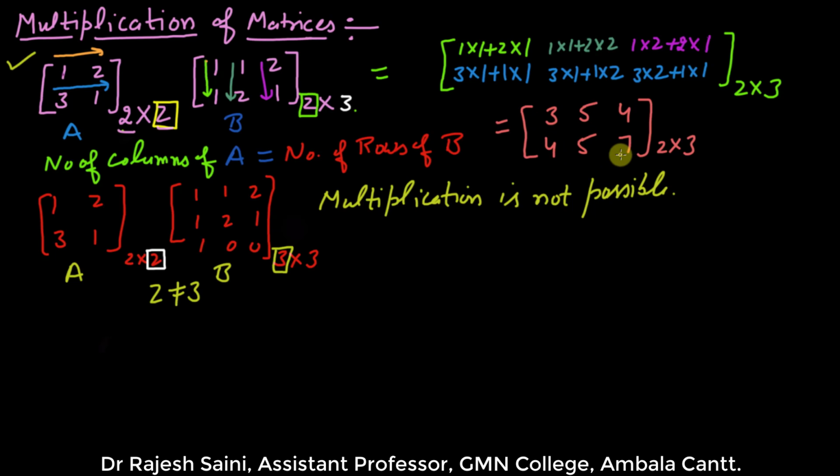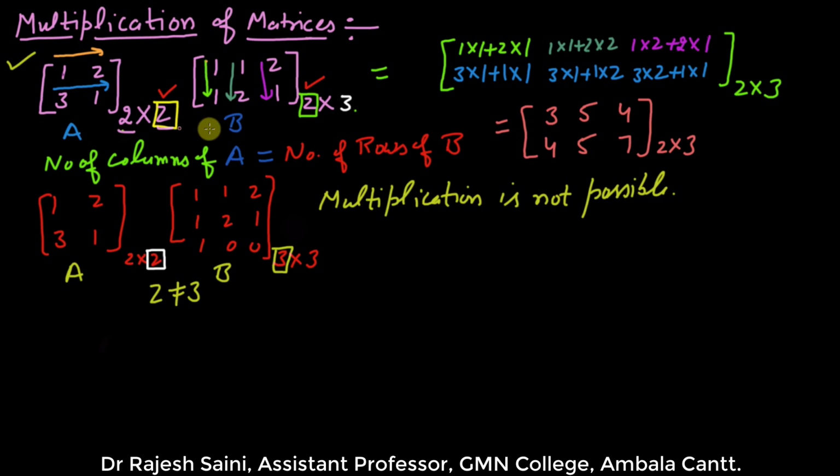The important thing we must check before doing the multiplication is whether the matrices are compatible or not. How do we check compatibility? By checking the number of columns of the first matrix and the number of rows of the second matrix. Both should be equal. If both are equal, then they can be multiplied, otherwise they cannot.